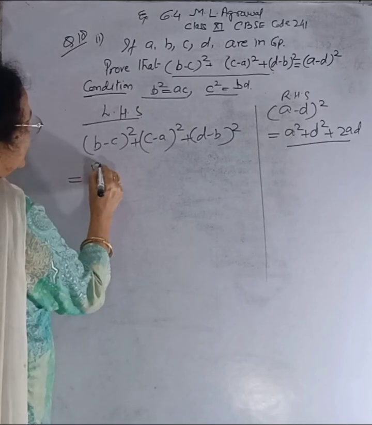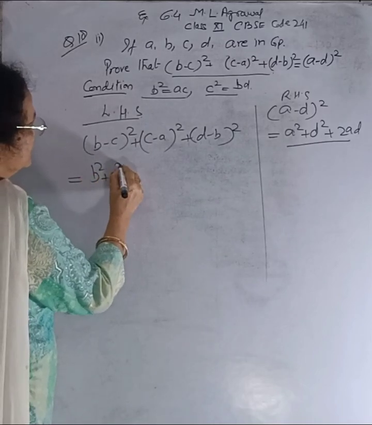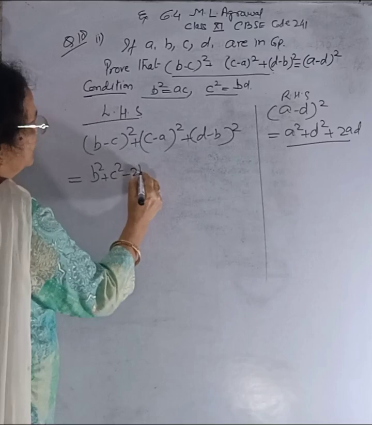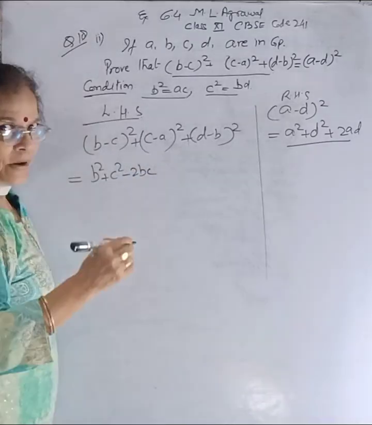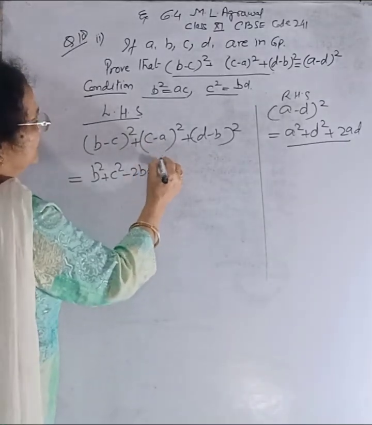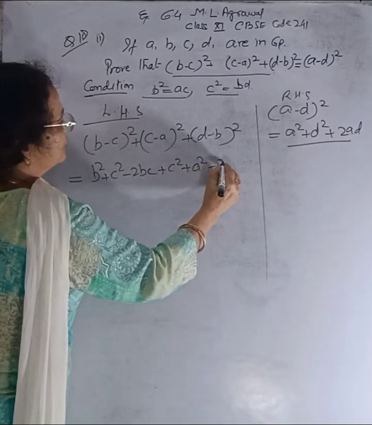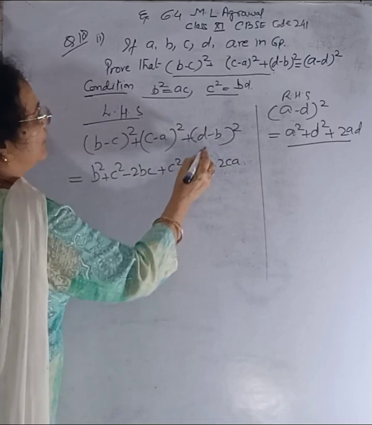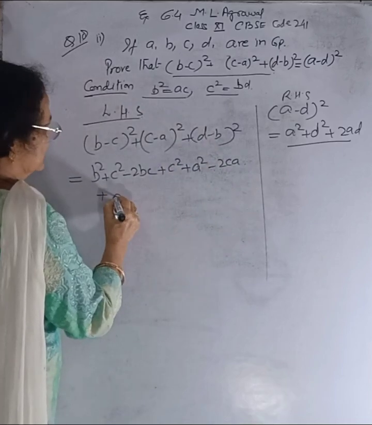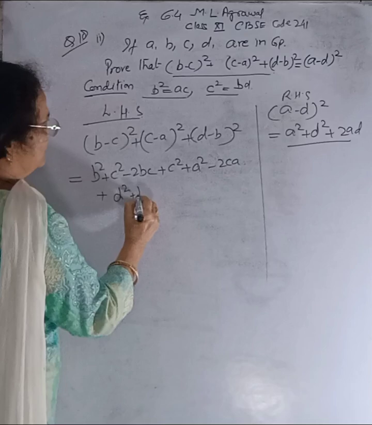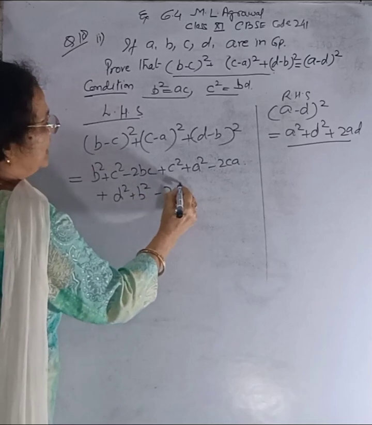Opening the square of the brackets: (B minus C) whole square is B square plus C square minus 2BC. Similarly here, C square plus A square minus 2CA, and this can also be written as D square plus B square minus 2DB.